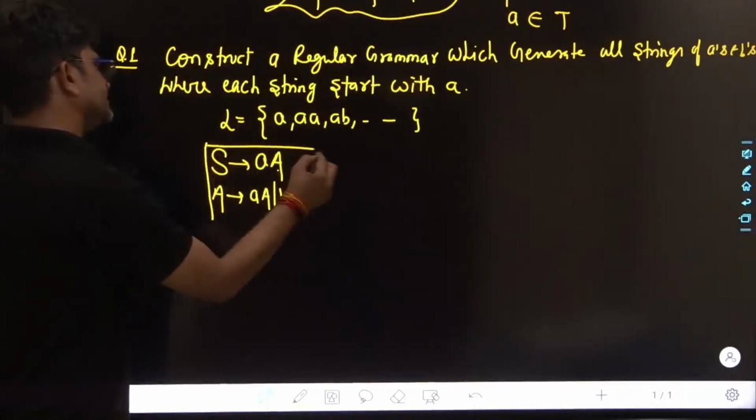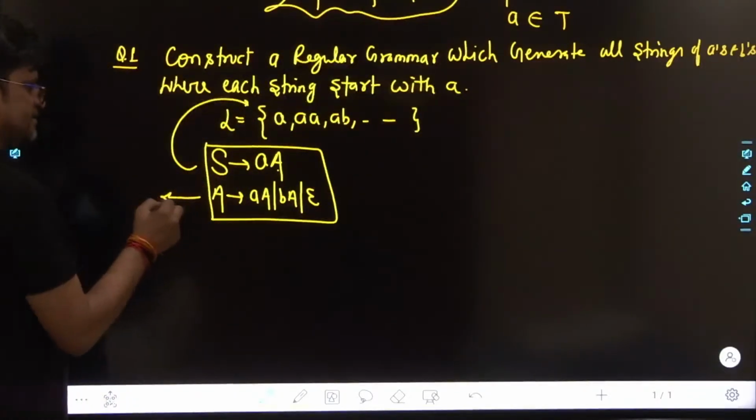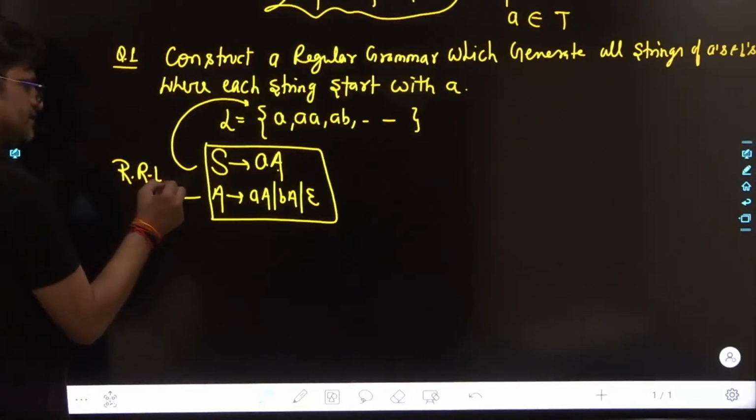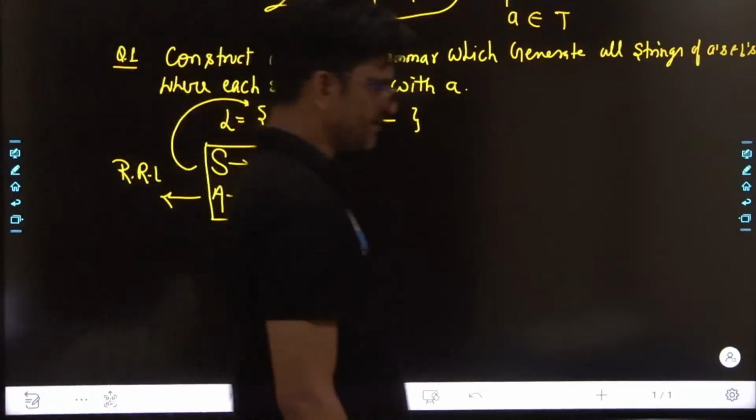So see, this is the grammar that generates this language, and it is in the form of restricted right linear. Clear?